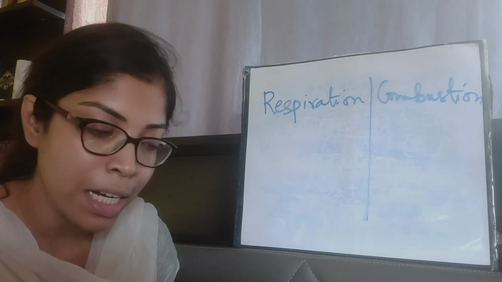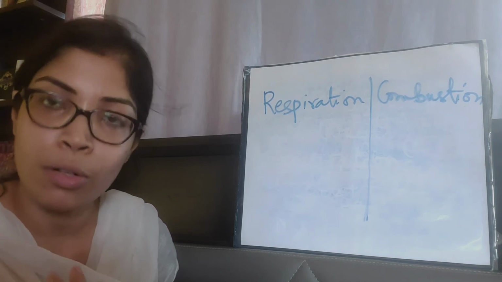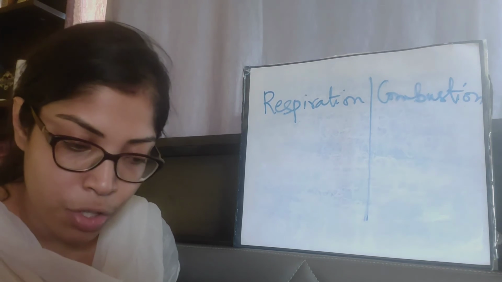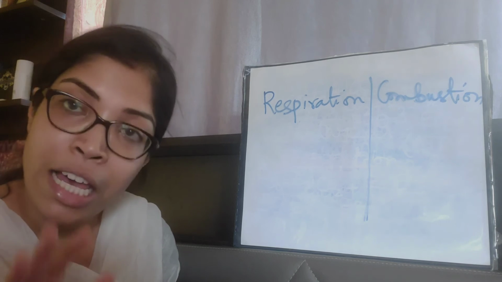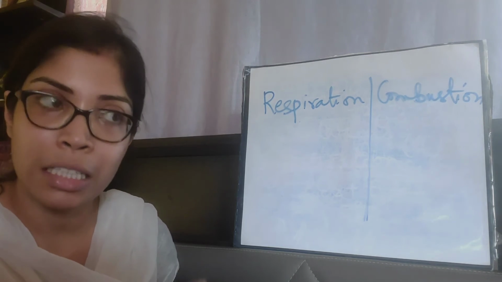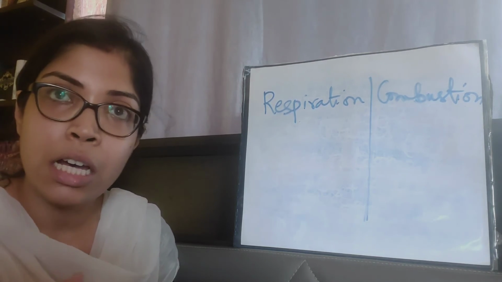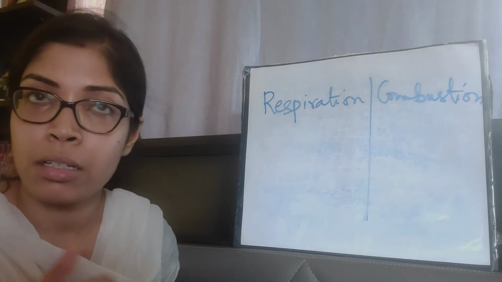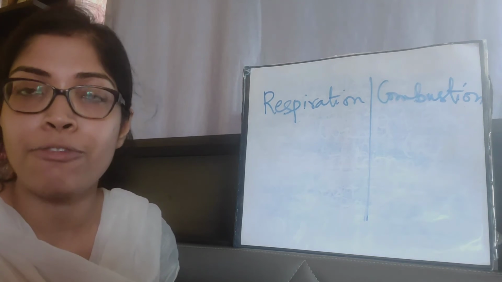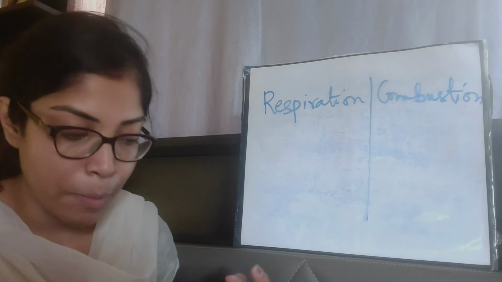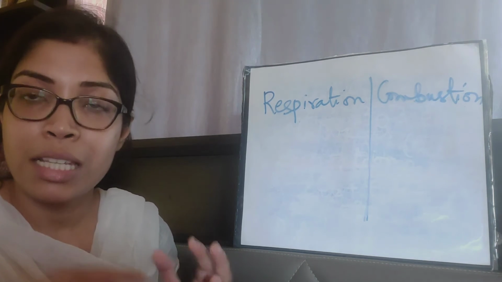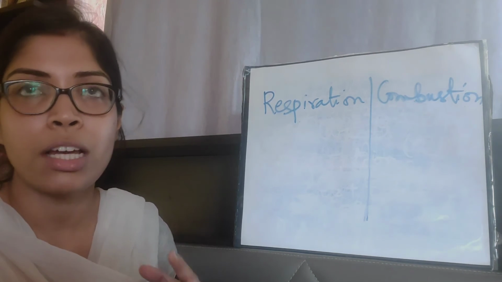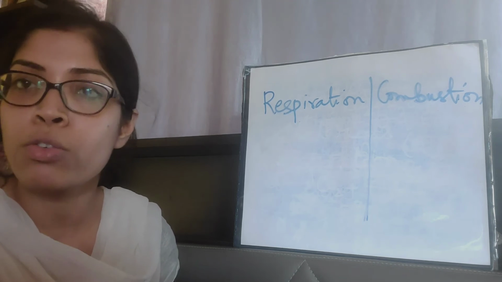Obviously energy is formed, and carbon dioxide and water are also formed. In combustion, carbon dioxide and water are also formed, but the process is quite compact, meaning these products are formed in only one step. But in respiration, the same products, carbon dioxide and water, are formed after going through many steps.